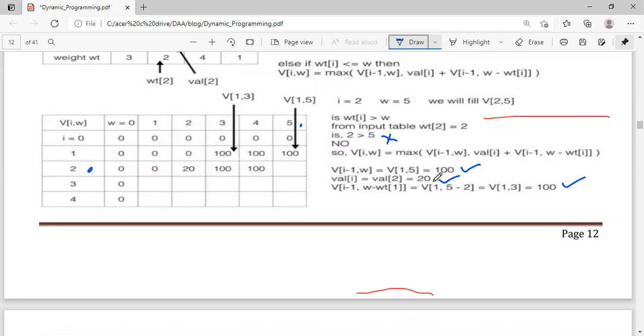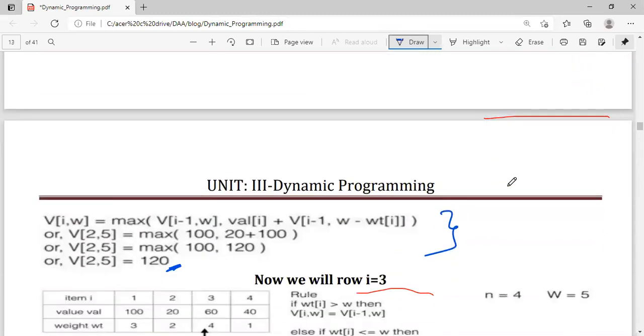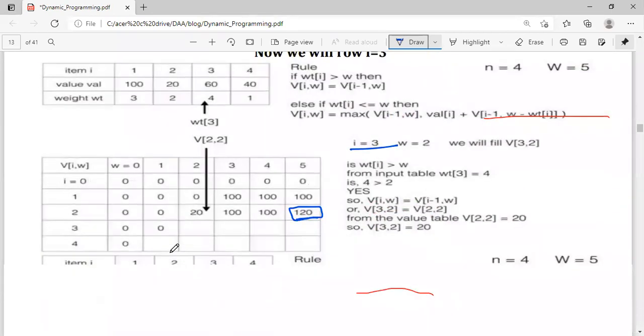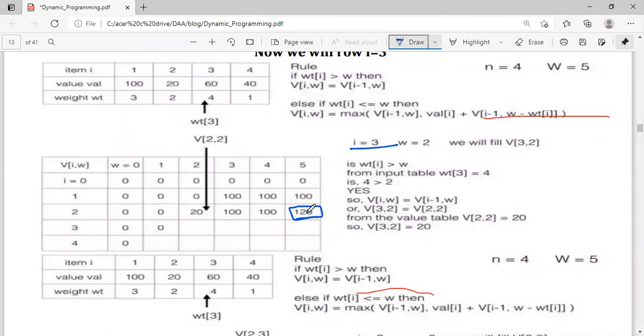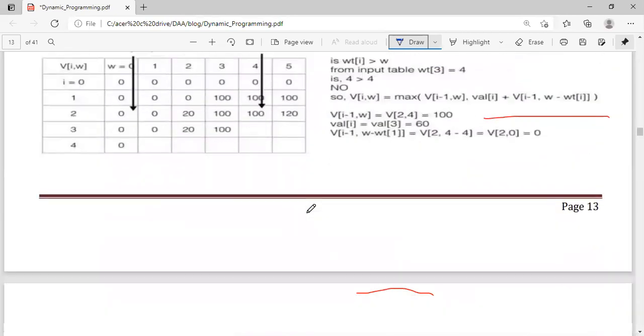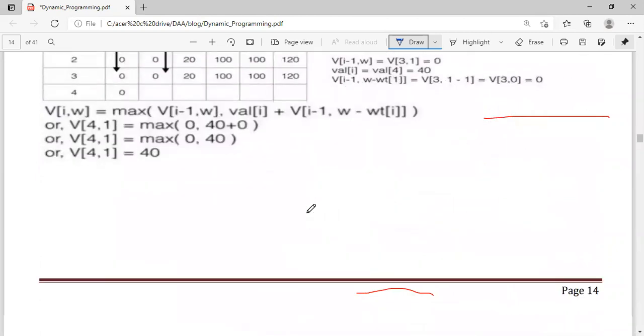What is val? 20. And what is 1 comma 3? The 1 comma 3 value is 100. Okay, 100, 20, 100. When we substitute those values in the formula, 100 comma 20 plus 100, which is the maximum? 120 is the highest number. So we got 120, and in the table you can see 120. In the same way, when we solve the problem again and again, step by step, till the end, you will get the value.